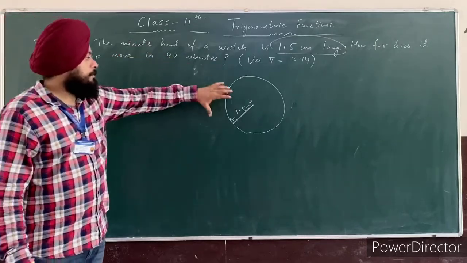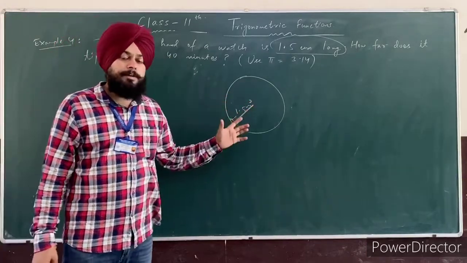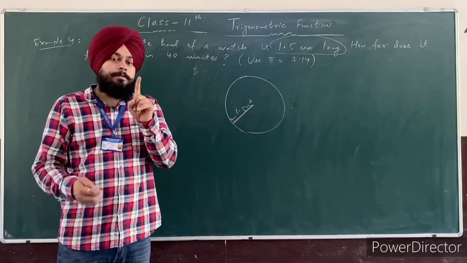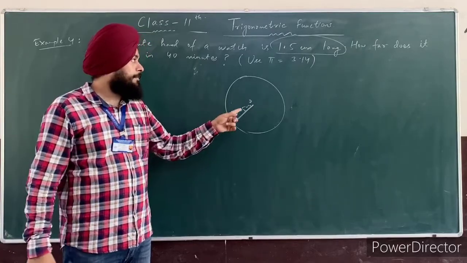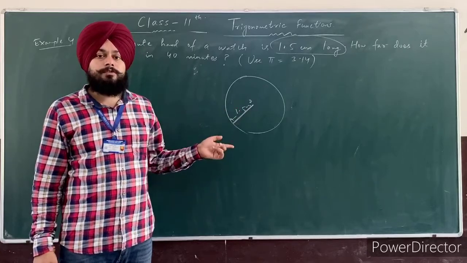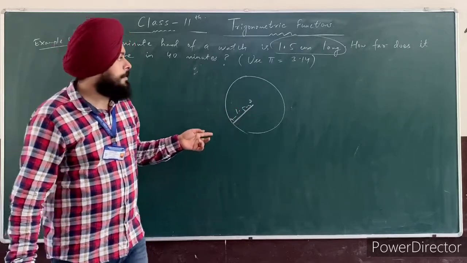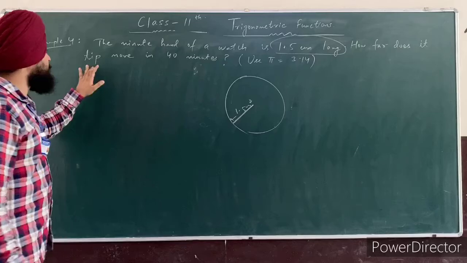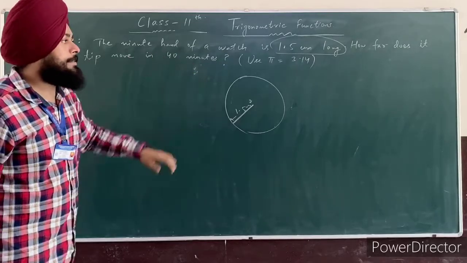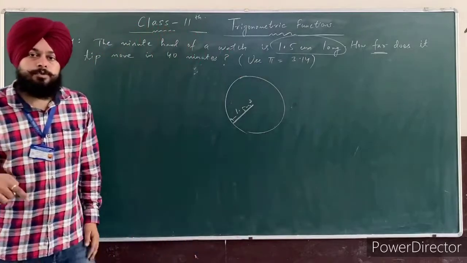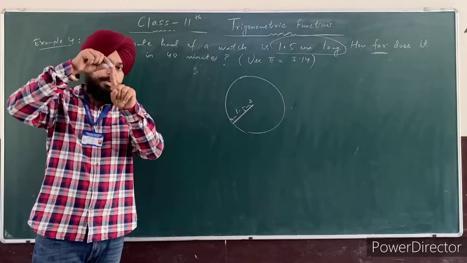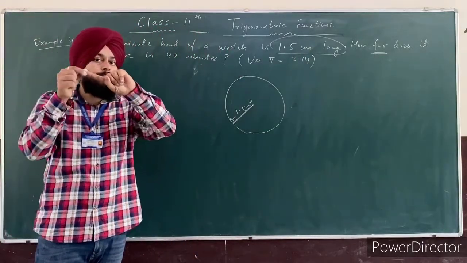The minute hand of a watch is 1.5 centimeter long, it means it is the radius of that circle. How far does its tip move in 40 minutes? How far? Far means distance.